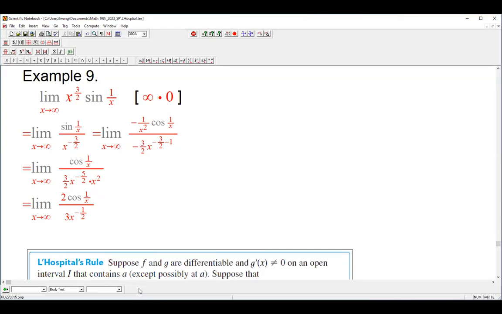And then, as x approaches infinity, 1 over x approaches 0, and cosine approaches 1, so we cannot apply L'Hopital's rule in this form.